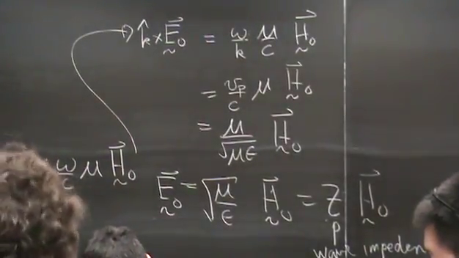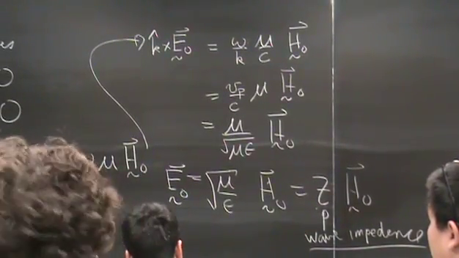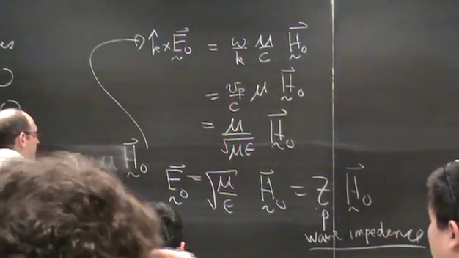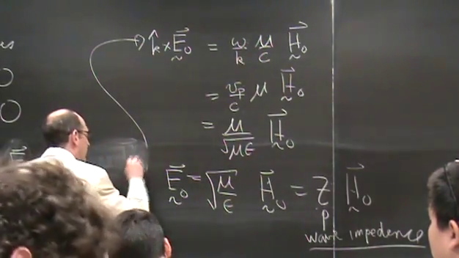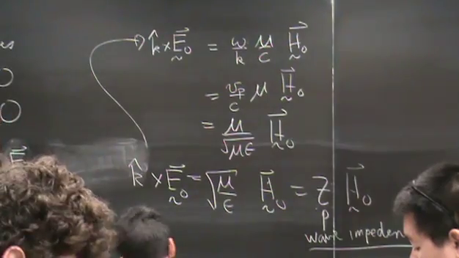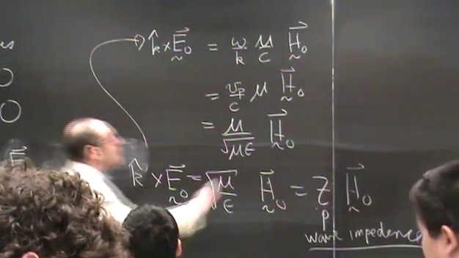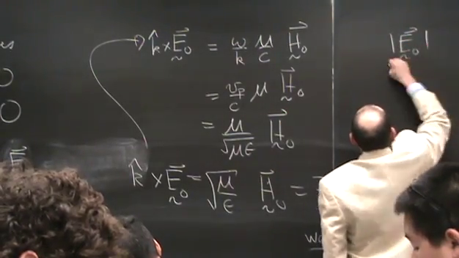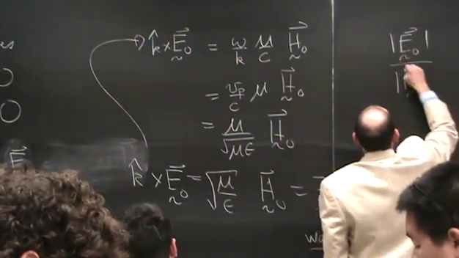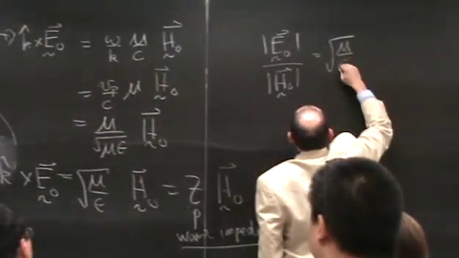I think we need the k cross bit at the front. Yes, thank you. Sorry. That's the magnitude, but the direction is, as you said, k cross that, is equal to that. K hat cross that. Okay? So the magnitude of E0 divided by the magnitude of H0 is the square root of mu over epsilon.